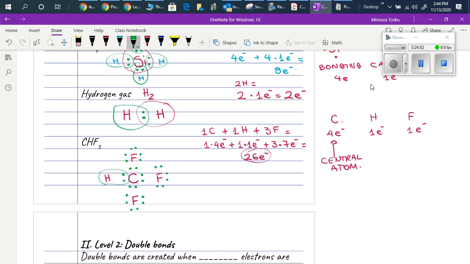Hydrogen is happy with 2 electrons that it's sharing with the central atom carbon. Each of the three fluorines is happy with 8 electrons, and carbon is happy with 8 electrons. And this will be the Lewis dot diagram for CHF3.